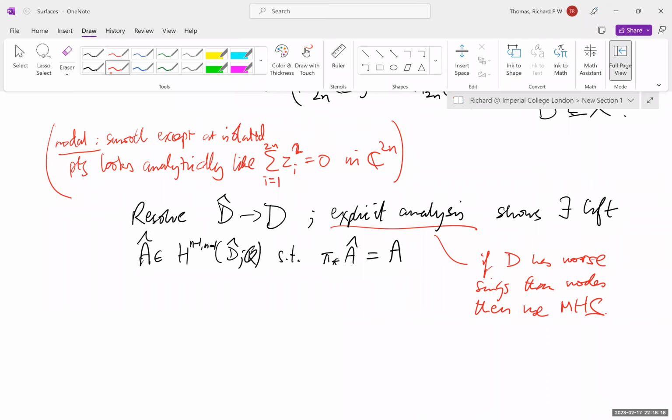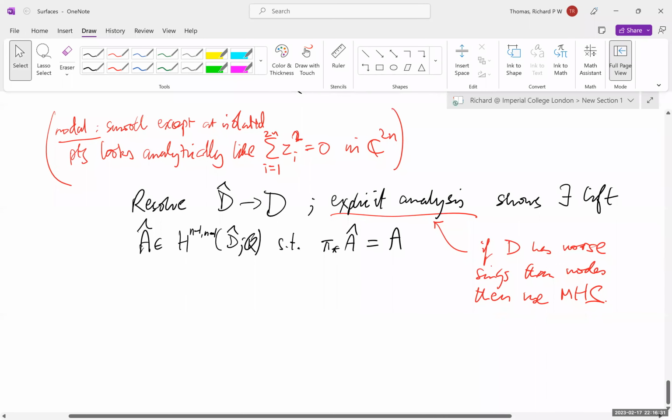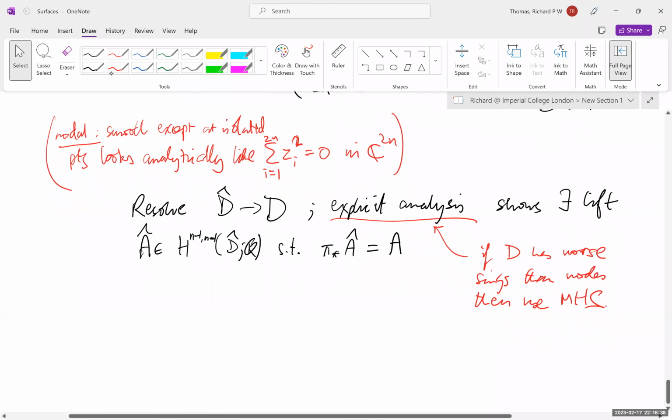So the fact that this pi star map here on mixed Hodge structures is strict. A strict morphism of mixed Hodge structures means you can do this, but that's technically much more complicated than I need for today. So I'm just going to talk about Ds with ordinary double points, with nodes.